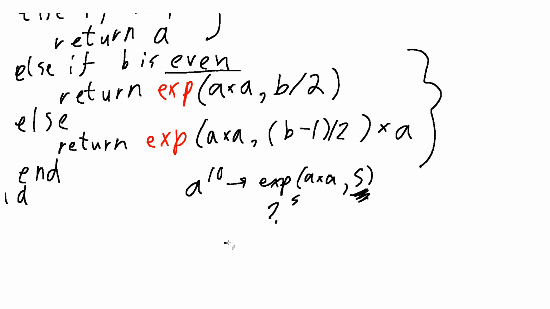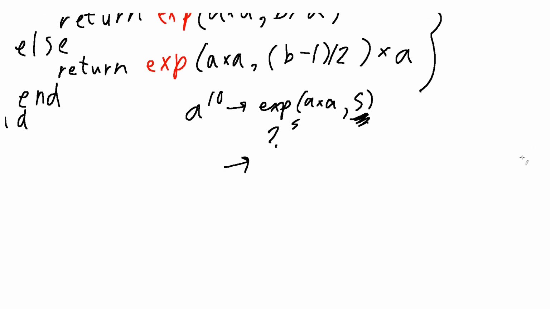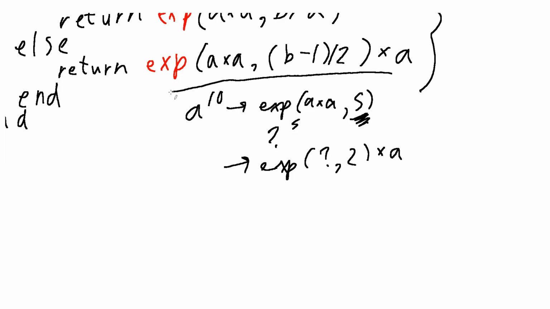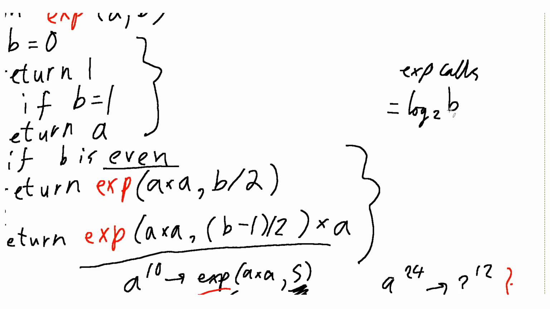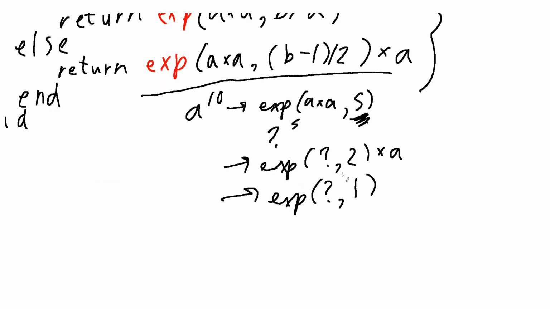So the important thing is that b equals 5, so this is something to the power of 5. And when we call exp again, because now this is not 1 or 0, we will do something to the power of 2 times a, because this is odd, so we're using this function now. So now we see that it's 2, it's even again, so we're doing something to the power of 1, and then this is still multiplied by a.